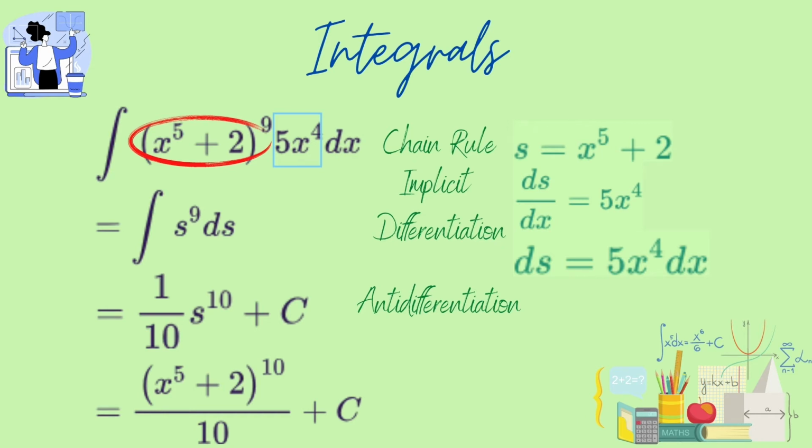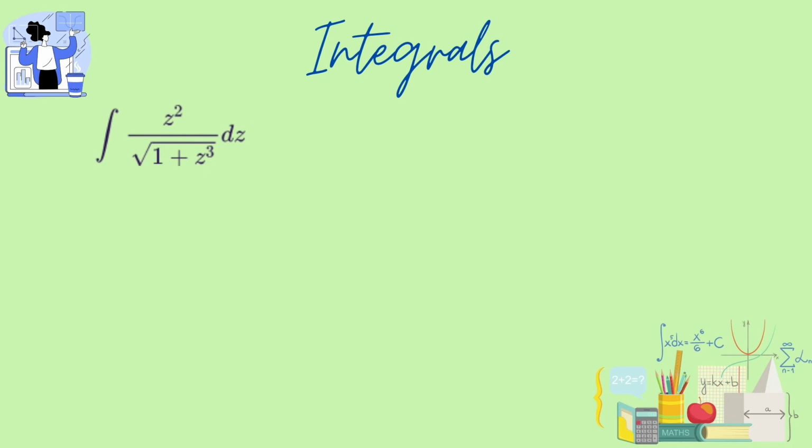Find the antiderivative of z squared over the square root of quantity 1 plus z cubed. Recognizing that z squared is related to the derivative of 1 plus z cubed, we can let s be equal to 1 plus z cubed. The derivative of s with respect to z is equal to 3z squared. So ds is equal to 3z squared dz.